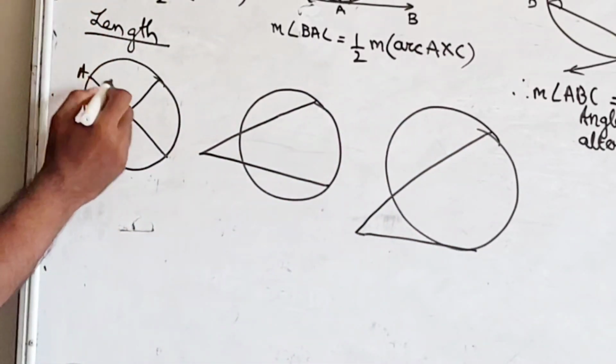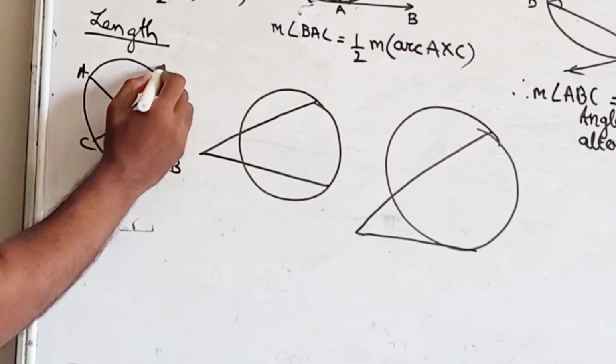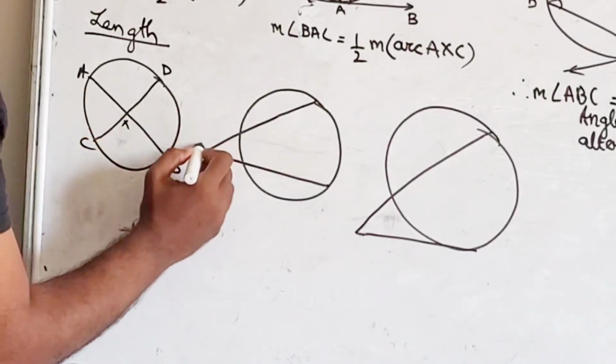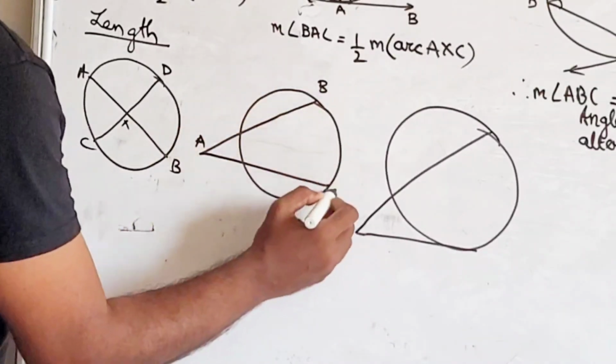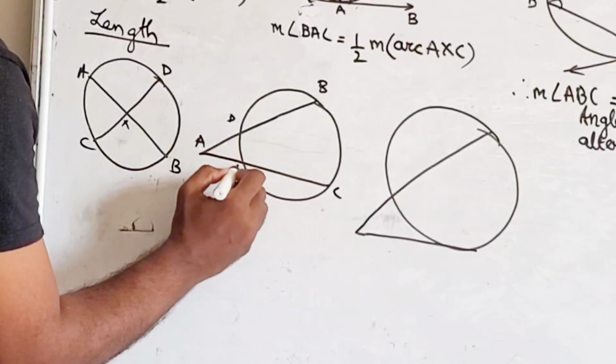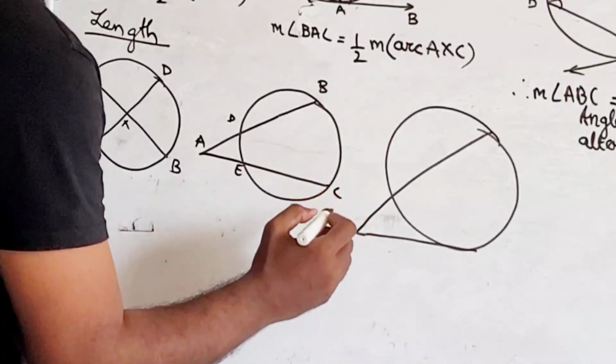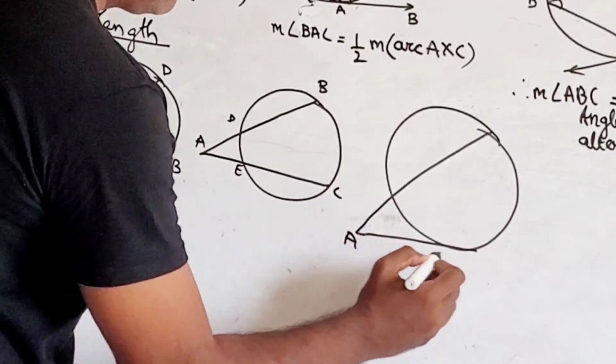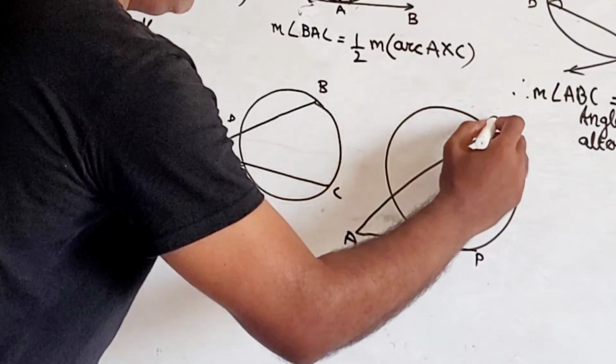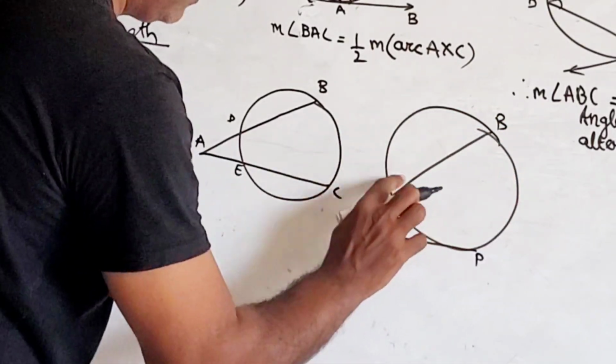Let's give them names A, B, C, D, X, and A, P, B, C, suppose.